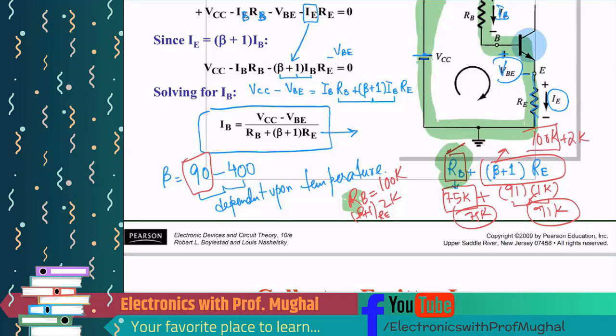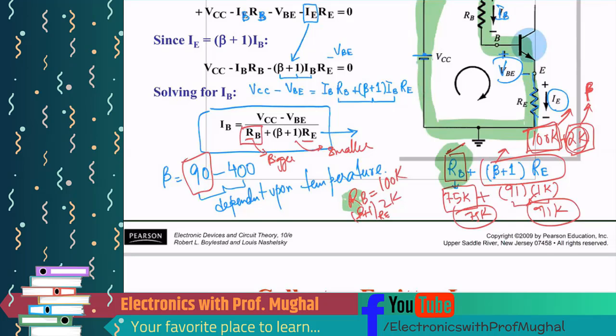Because this term is so much bigger and this term is so much smaller, the beta factor in the small term, even though it may change, is not going to have an impact upon this magnitude. We choose values such that RB is bigger and this factor is smaller. As a designer, we have the option to choose the values for RE and RB, so we pick those values which make this term bigger.